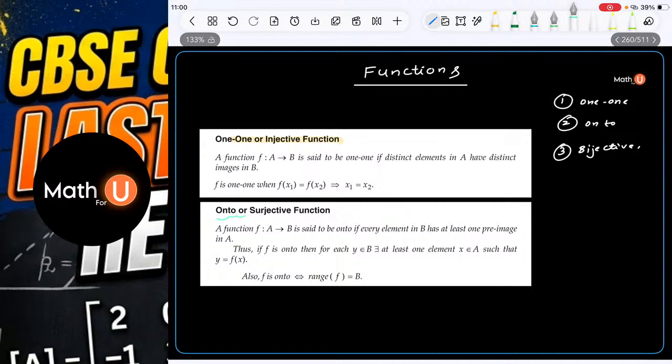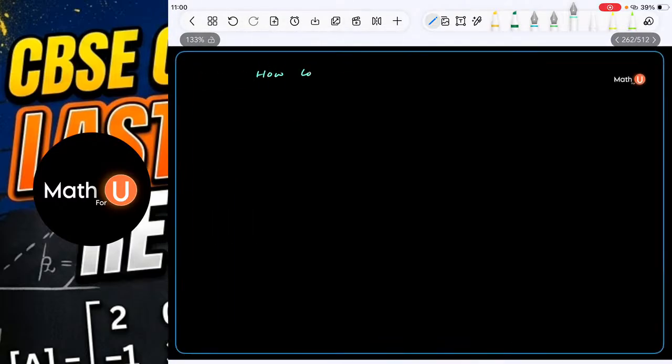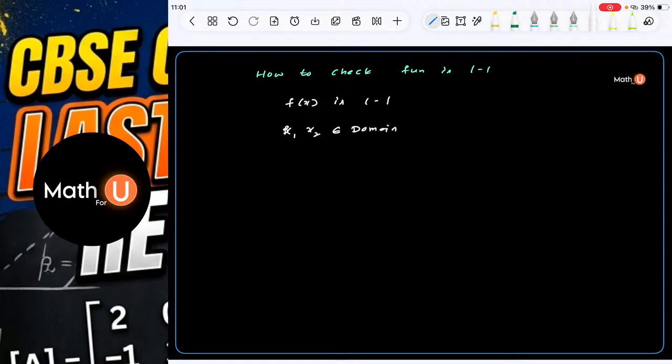Next, what is onto? First, how to check one-one. If you want to check whether the function is one-one, always start with x1, x2 belonging to the domain.